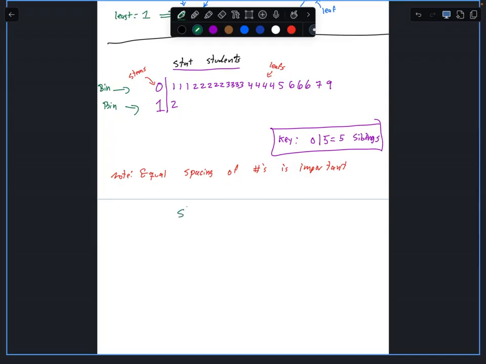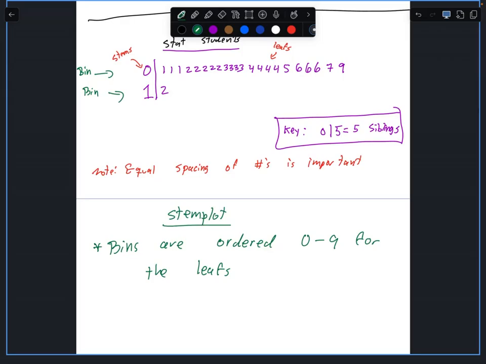For a stem plot, bins are ordered 0 through 9 for the leaves. So they should go from 0 through 9 in order. Okay? We left 10 through 19 in order.